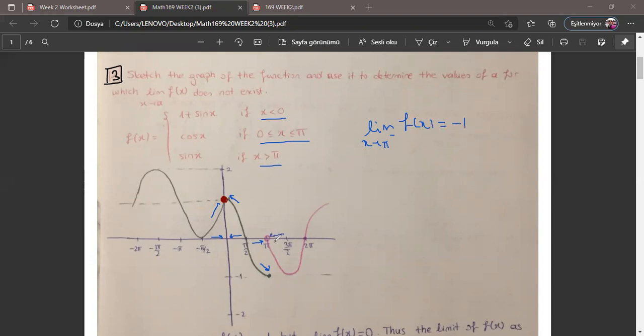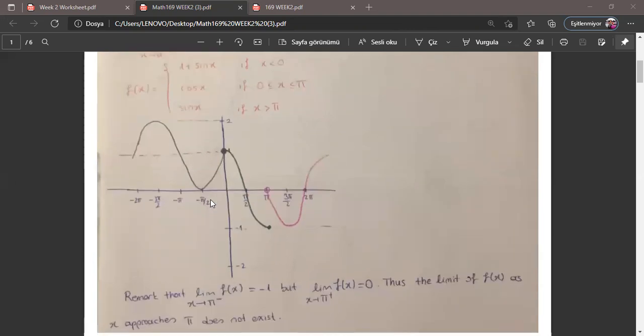And from right, as you see, it's 0 plus, f of x is 0. They are not equal, so the limit does not exist there. So at the point x equals pi, the limit does not exist. As I said before, we don't need to check the other values.